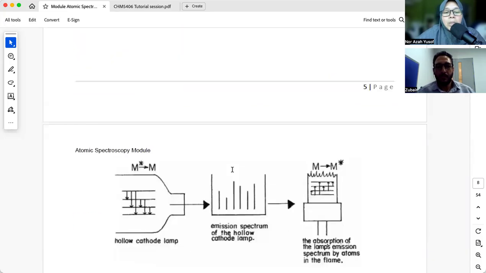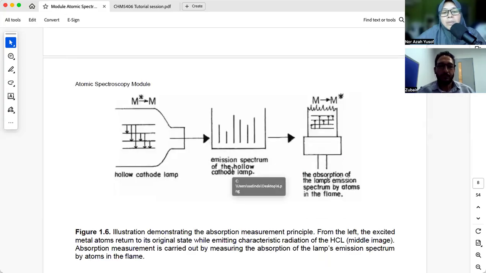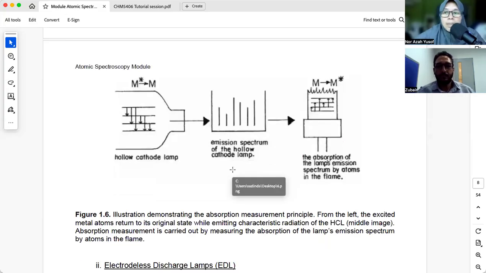Remember the emission spectrum, atomic spectrum that I mentioned last week. This is what we call the atomic emission spectrum. So what happens is inside the metal atom, this is an excited metal atom. The ones that are excited are electrons, yeah? Electrons inside the metal atom.